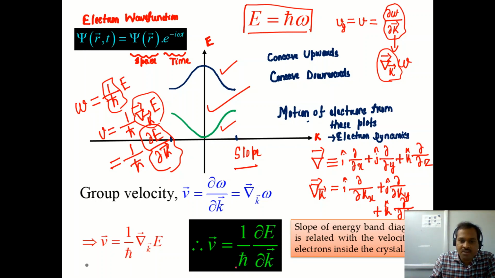Of course, there is a constant factor multiplied with this, which is 1 by h cross. But basically the slope is related with the group velocity of the wave packet associated with the moving electron inside the crystal. So this is what the slope of the E versus k diagram represents.